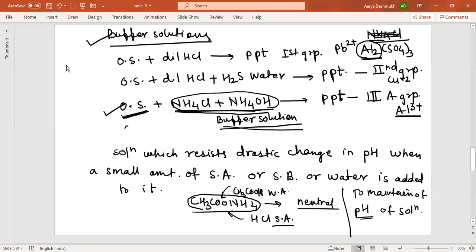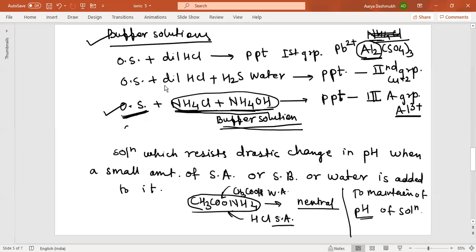Before we proceed to the buffer solution, we have done experiments in the laboratory, that is inorganic qualitative analysis, where we analyze the basic radicals of an inorganic salt, and they are divided into different groups. For the first group, original solution plus dilute HCl, if you get a precipitate, the first group is present.